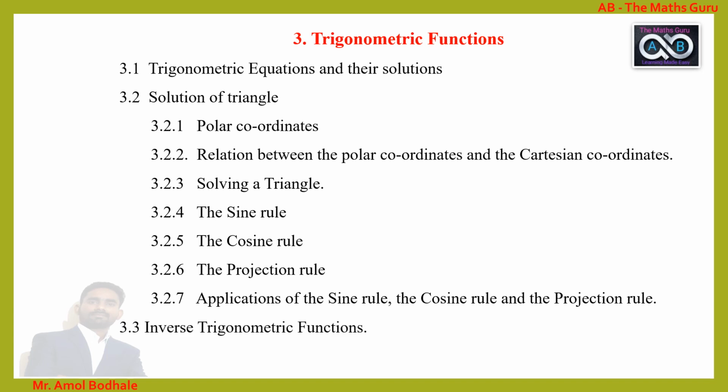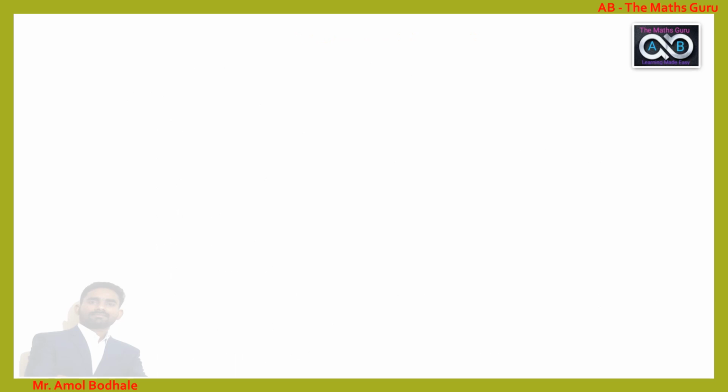And the third unit is inverse trigonometric function, and in this unit we have to learn properties and principal values of inverse trigonometric function. So let us start with the chapter.